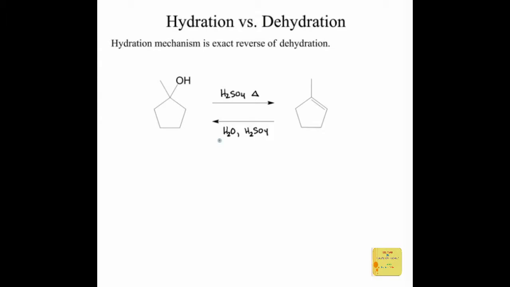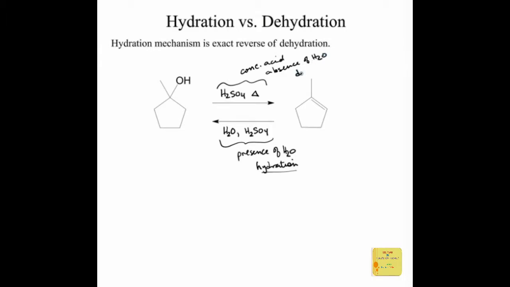But in the presence of water, we do hydration. We add water. So these reaction conditions are aqueous with some added acid. Where these conditions, look, we have H2SO4 and heat. These are strong, concentrated acid. So we have an absence of water. There's very little water.